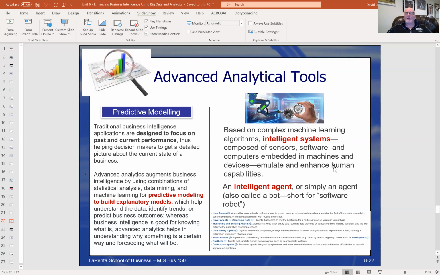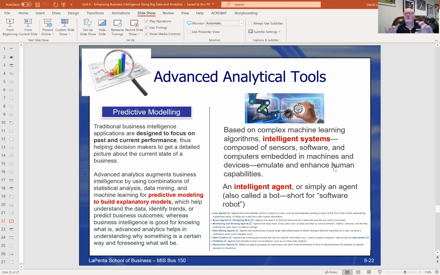Now, the next type are these intelligent systems. An example of that is an intelligent agent. You've all used them. You've probably argued with one on a social media platform. These are bots. My wife was just on the phone today trying to cancel an upcoming flight that we had, and she was absolutely talking to a bot.